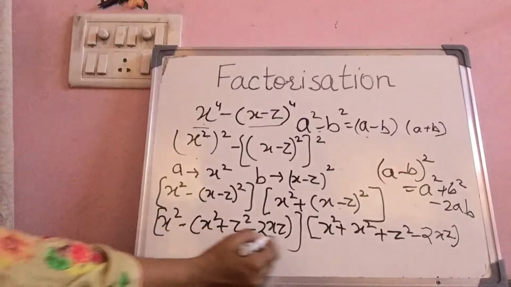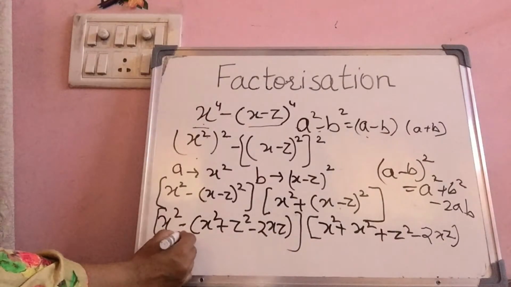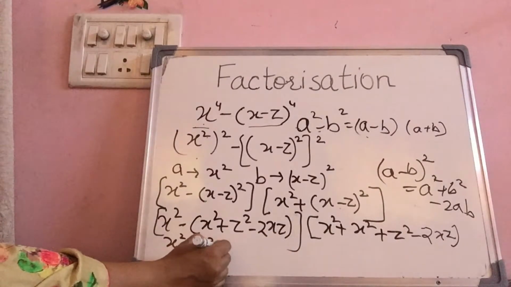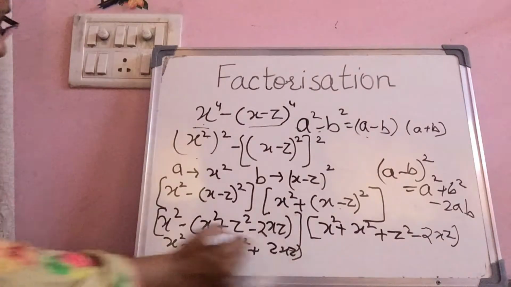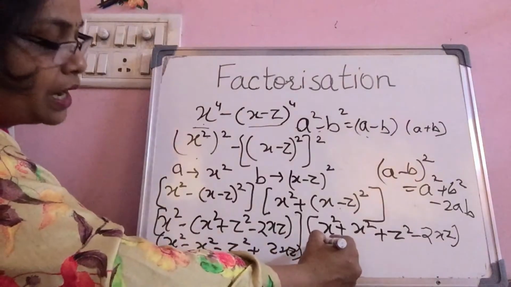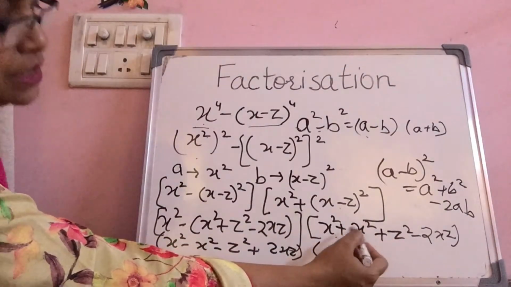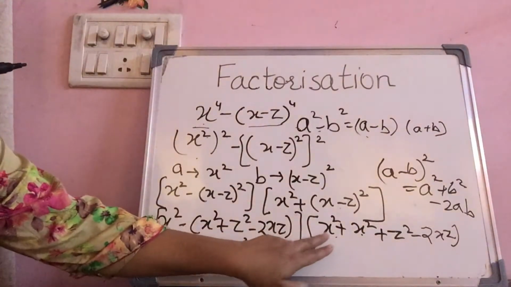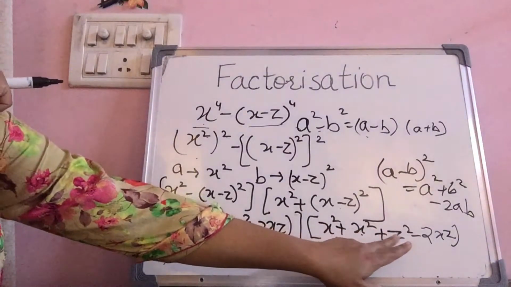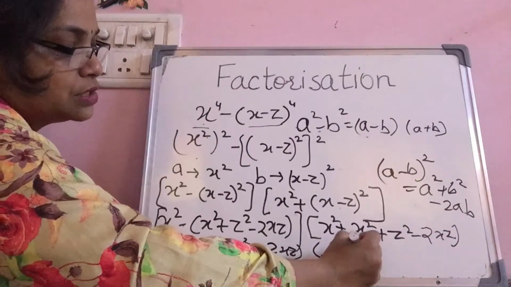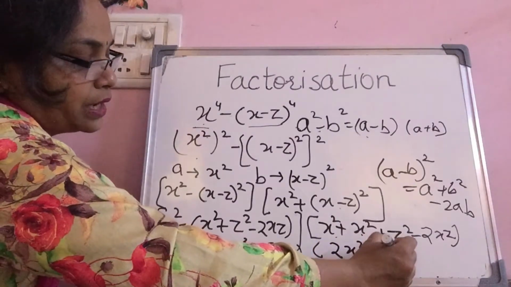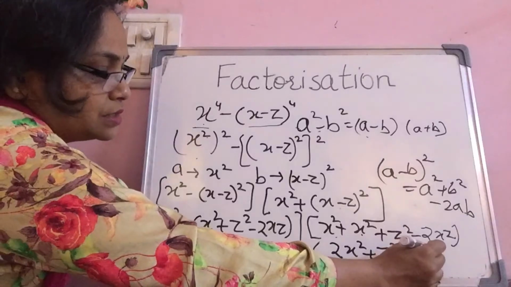Now if we open the bracket, we get x square minus z square plus 2xz in one bracket, and for this bracket we'll add these x square, we get 2x square plus z square minus 2xz.